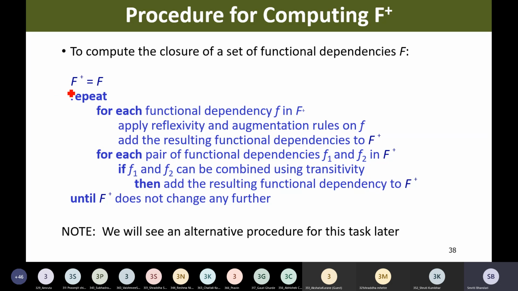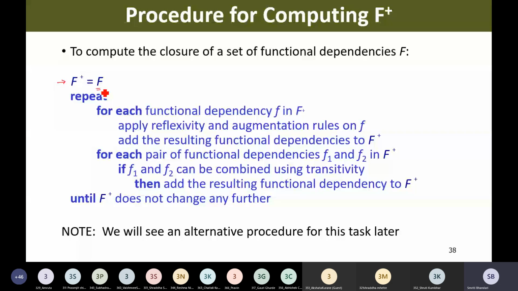If we want to come up with the complete set F plus, we need to apply this process. First of all, we initialize our F plus with F, whatever set of functional dependencies F is provided.